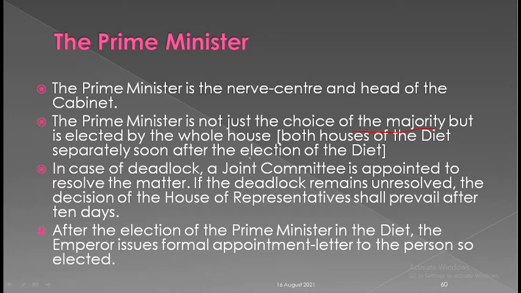And if that joint committee cannot bring an amicable solution, then finally the opinion of the House of Representatives will prevail, and the one chosen by the House of Representatives will become the Prime Minister.